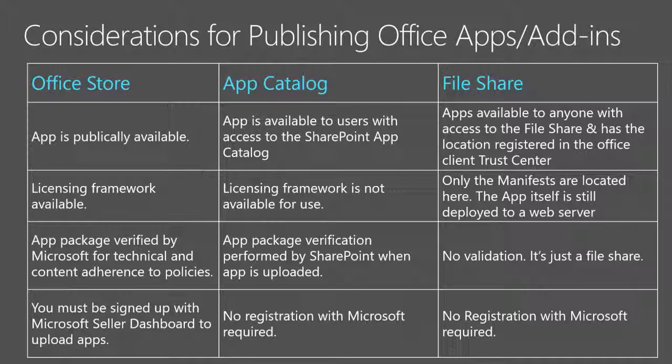You can also set that through group policy, so if you want to push that app to your organization. Only the manifests are located there, so that's an important thing to consider. Almost all of these apps, aside from the SharePoint hosted app, require some sort of a provider to host the main content of the app, and I'll show you guys that here in just a little bit.